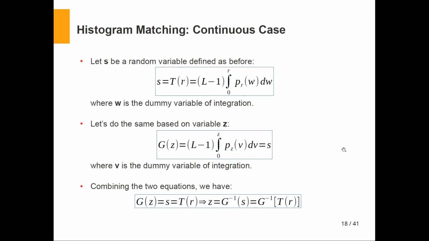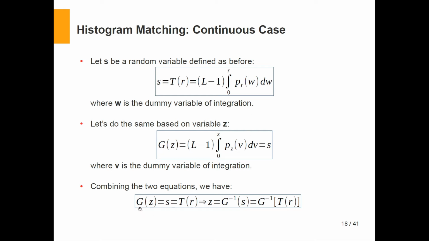So now that we have these two, we can combine them to find out what is going to be the transformation function from the input image to the output image. So since S is defined to be a uniform distribution, these two equations can be considered as equal.